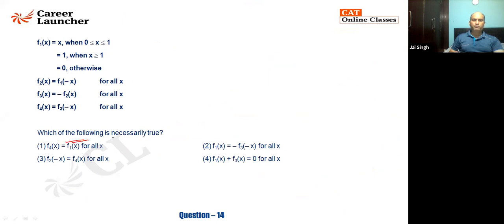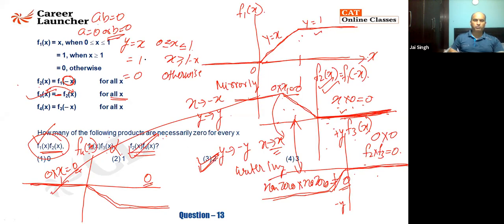Which one of them is necessarily true? F1 is equal to F4. Look at F1 is equal to F4. Are they looking alike? They can look like a brother and sister, but it is impossible that they are looking alike. Why? Look at this.